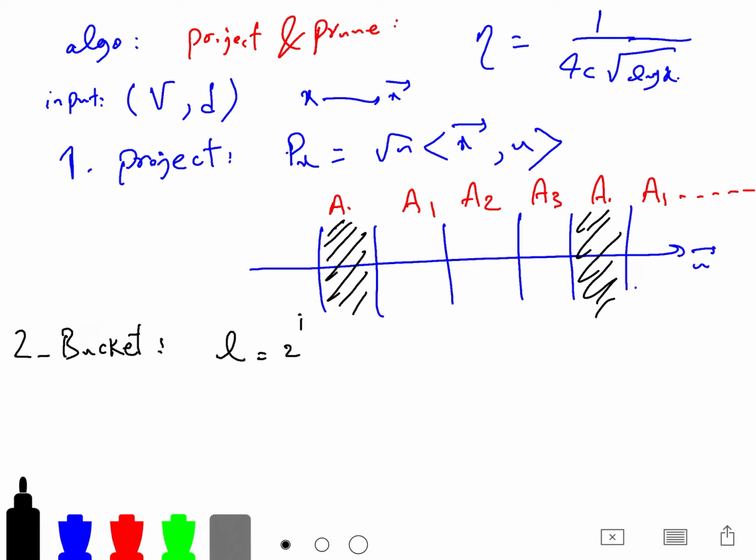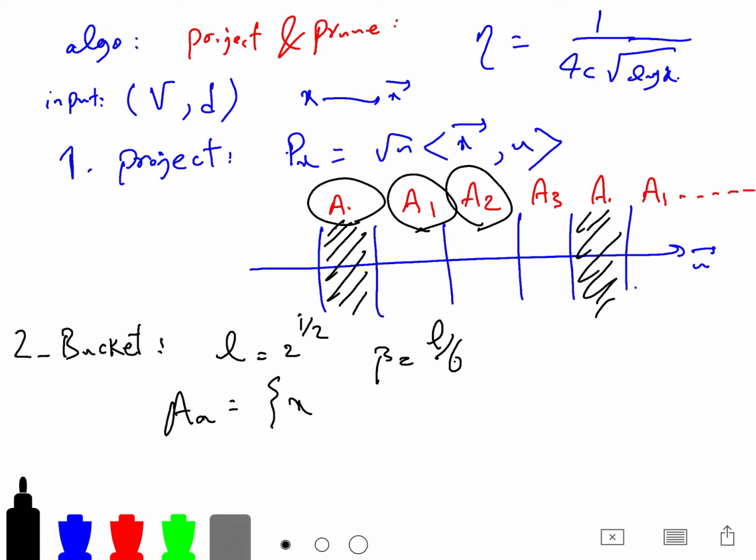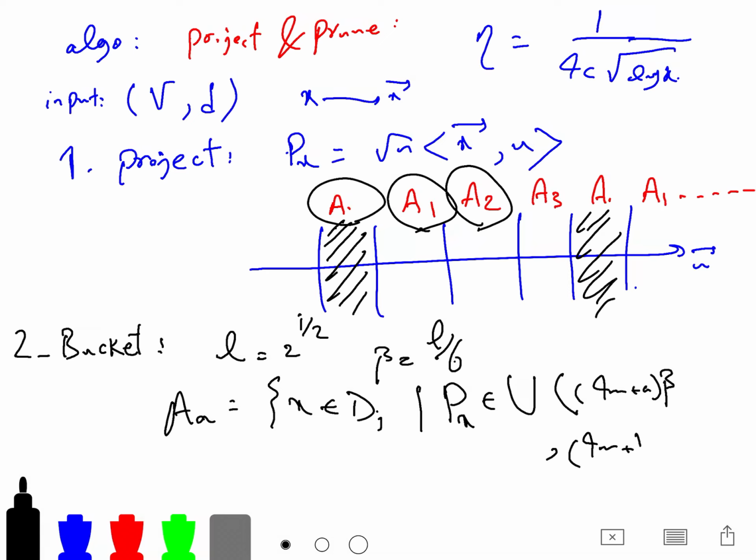So in the second step of this algorithm, we bucket. We define some length, and then beta is L over 6, and we say that our A is one of these A's. Our A's are those xi such that P of x is in the union of some intervals, for example 4m plus a beta, and we define this interval very smartly because now the distance is increased by a beta.